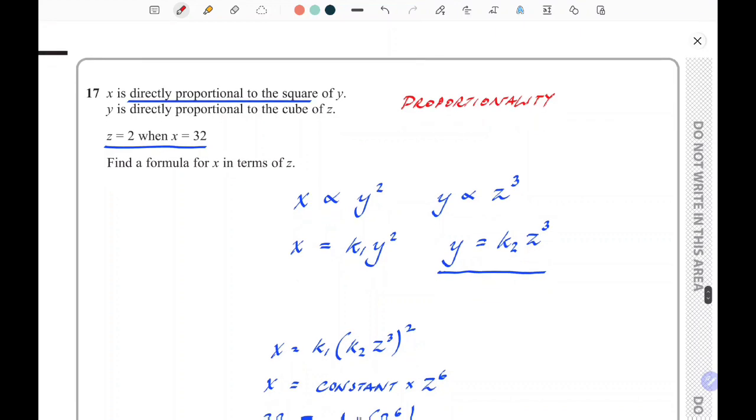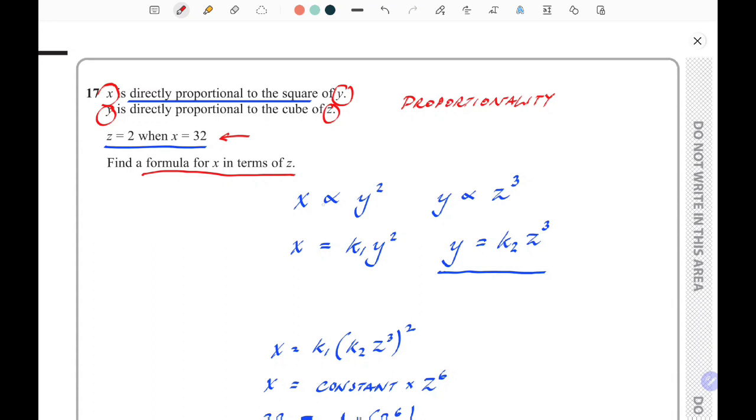So we've got two statements here, x relating to y, and then y relating to z. And they want a formula for x in terms of z. So they want to get rid of y in the middle. And they've given us a particular set of values to use at the end.